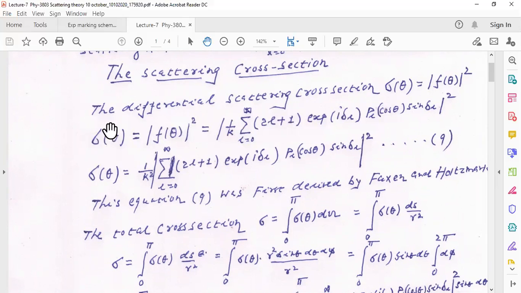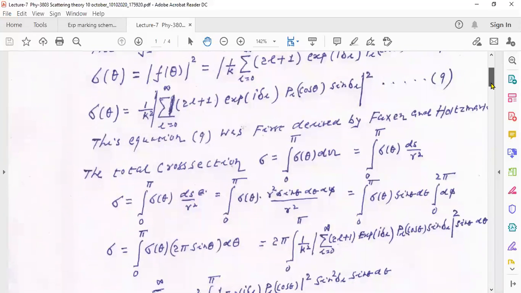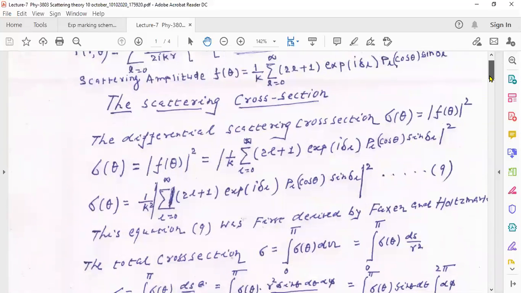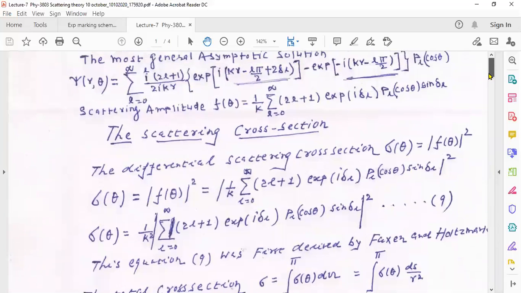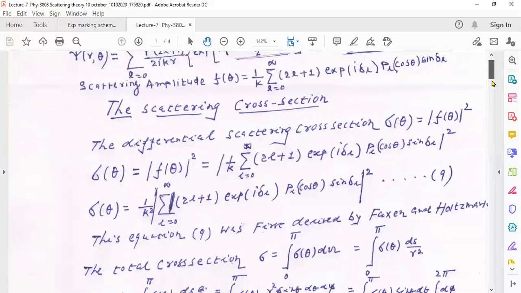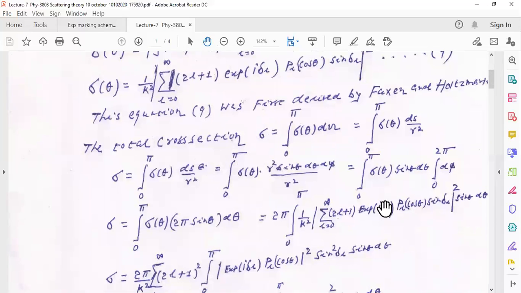We know the differential scattering cross section, so that value I'm keeping here, 1 upon k square.